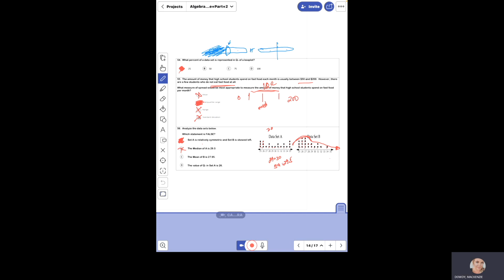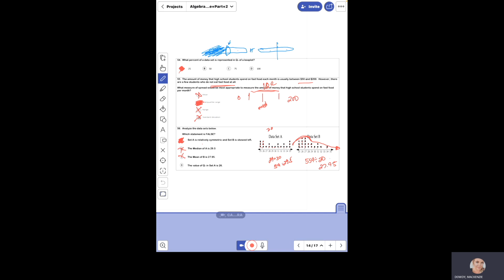Oh, it's looking for the mean, not the median. Okay, if we add all of these up, you get 559, and then you divide the whole thing by 20, so 559 divided by 20. And you do, in fact, get 27.95. So C is true.